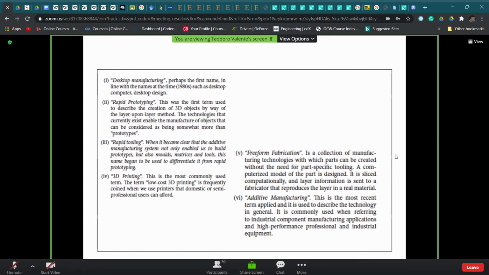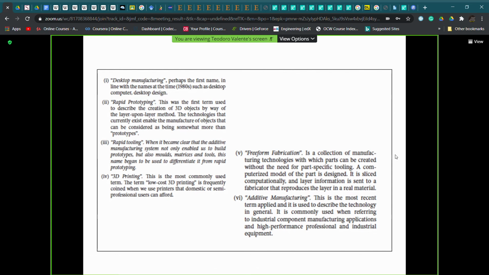So we started in the 80s to talk about desktop manufacturing, then rapid prototyping, then rapid tooling, then three-dimensional printing, then free-form fabrication, and now we talk about additive manufacturing, which is the most recent term used to describe this kind of technology.